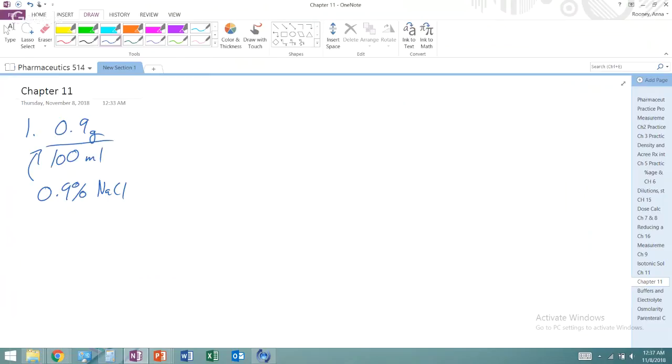So you just take 0.9 grams and divide it by 0.52, which is the ratio of sodium chloride to boric acid. You find that that is 1.73. So the equivalent would be 1.73% boric acid to your 0.9% NaCl.